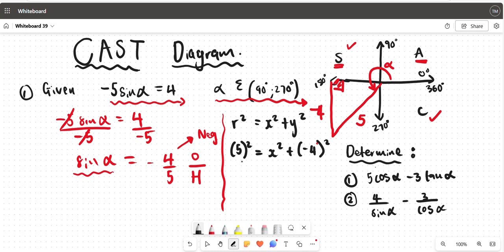If you do your algebra, you get 25 there, and this will be 16. If you take it to the other side, it subtracts. And if you square root both sides, x is either positive or negative 3. Whenever you square root something, you get either a positive or a negative.